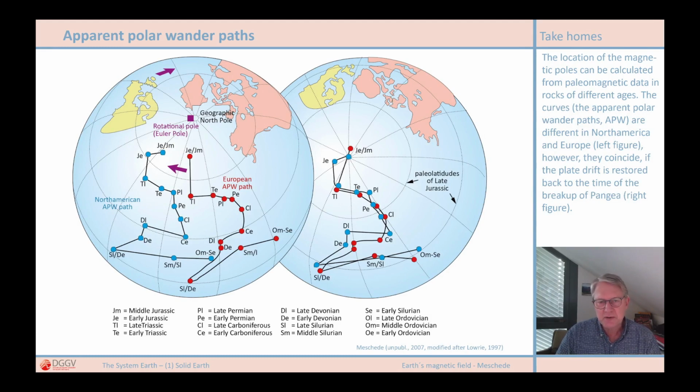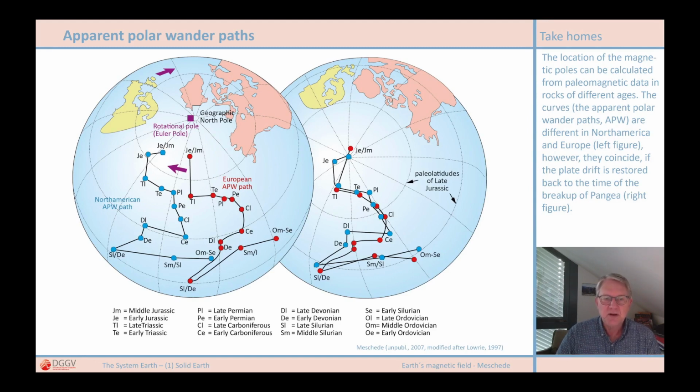If we carry out such studies in Europe and North America, for example, we will find that the polar wanderpaths are similar in shape, but are still far apart. If, on the other hand, we move the continents back to their position before they drifted away from each other, as can be seen here in the figure on the right, the curves overlap almost congruently.